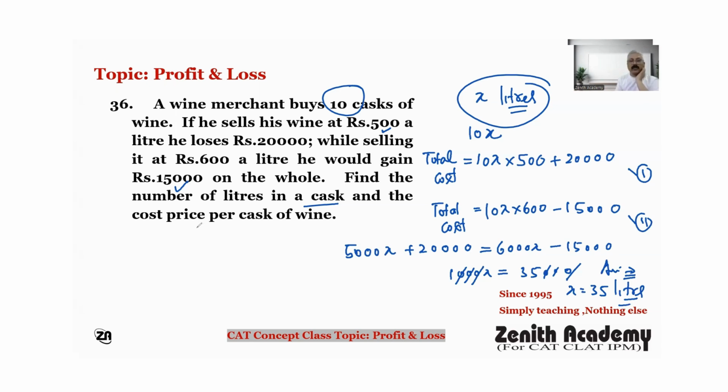And next, find the cost price per cask of wine. So when you know x is 35, then the total cost will be 10 into 35 into 500 plus 20,000. This is the total cost.